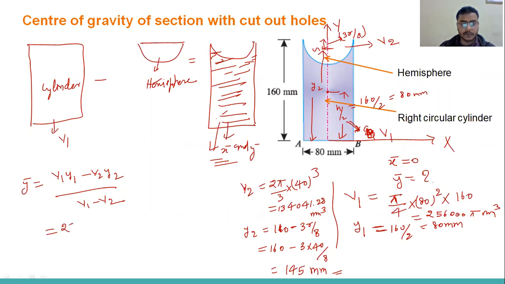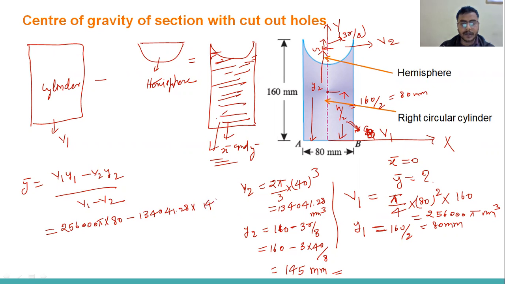So 256,000 pi into Y1, what is Y1? 80, minus V2, 134,041.28 into Y2, what is Y2?